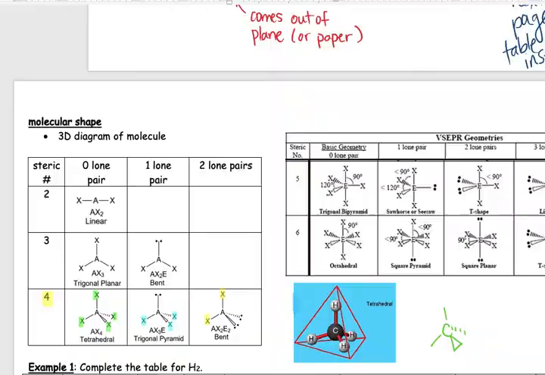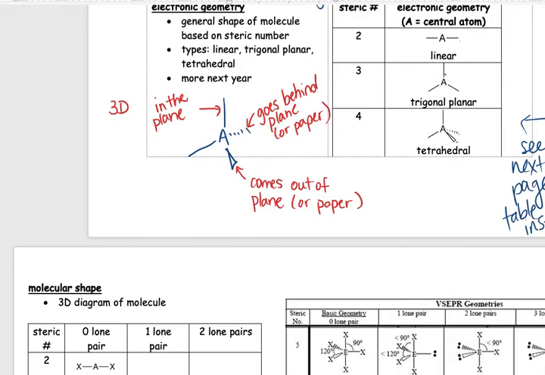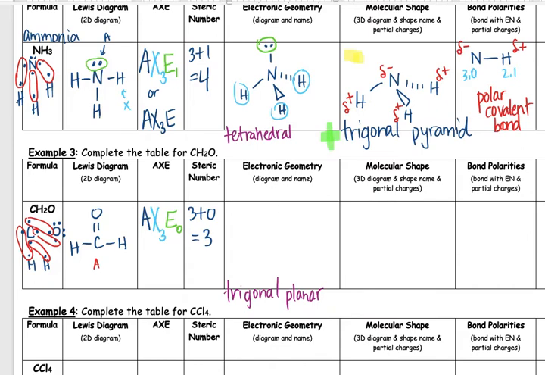With trigonal planar, you have the 1, 2, 3, kind of like they're all in the paper, not sticking out forward or backwards. So we have carbon, we have the oxygen, and then we have the hydrogen like that. It's just straight across like that with the hydrogen, and you're going on an angle here. So all 3 of them around.